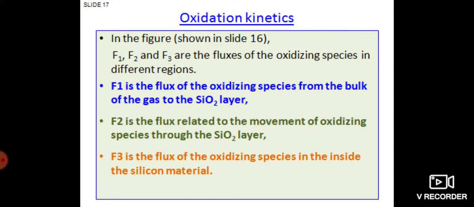That is the difference of the two concentrations.